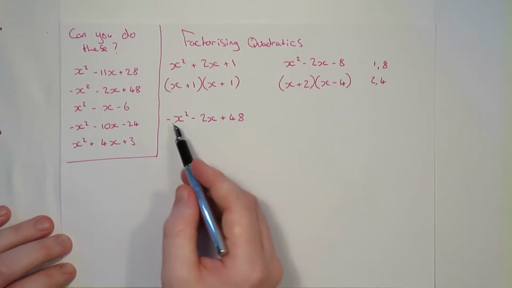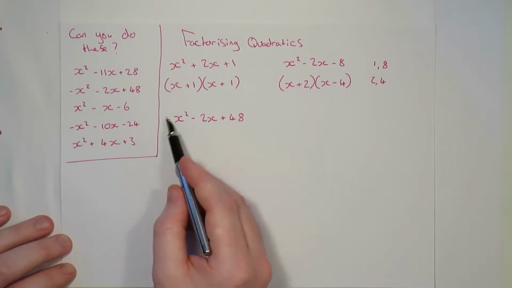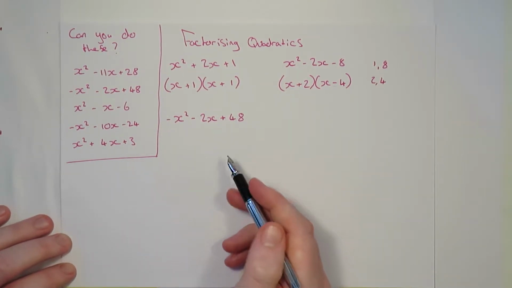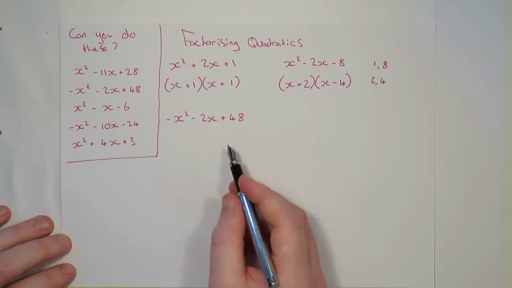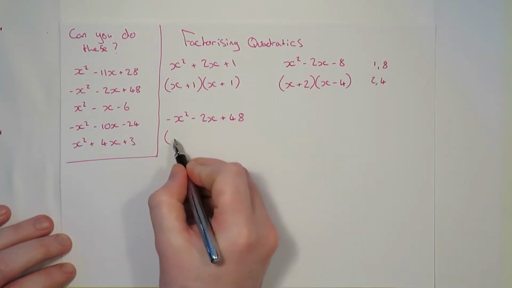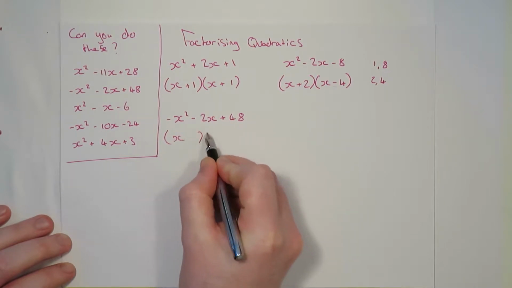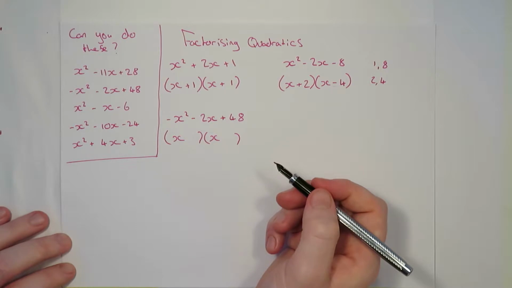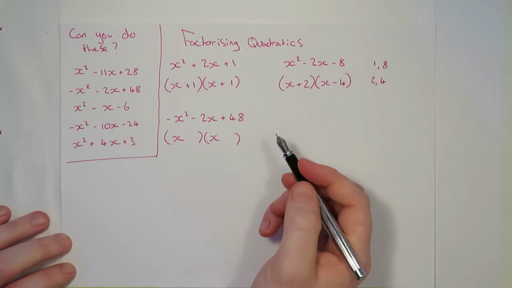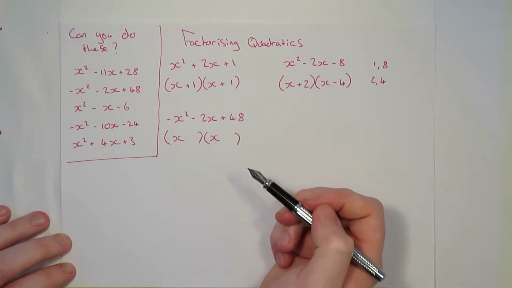I will have another video where we look at coefficients other than 1, but not this video. Okay, so similar kind of thing, we still have x's. We need factors of 48.